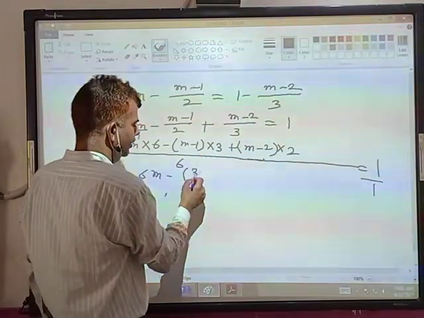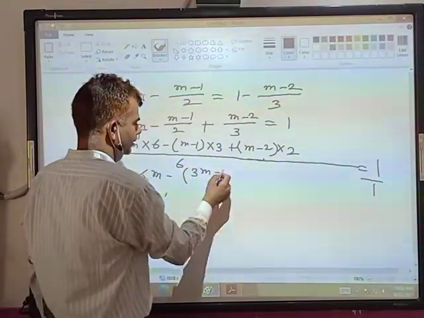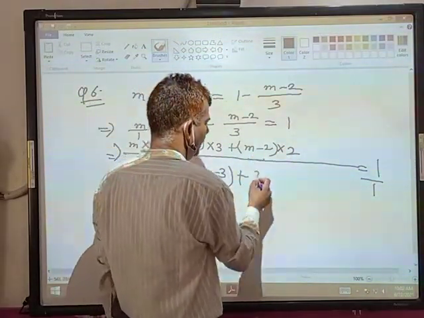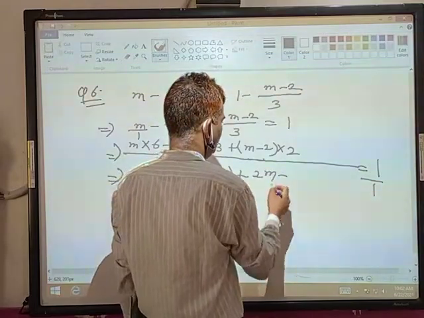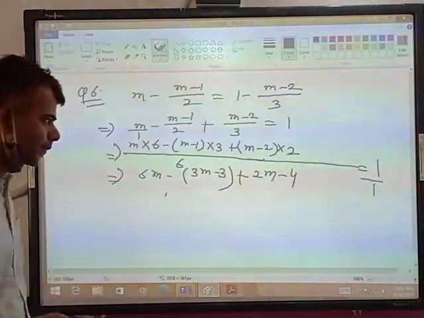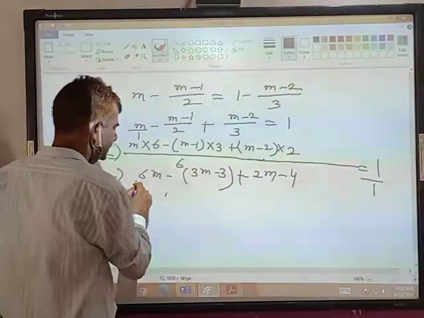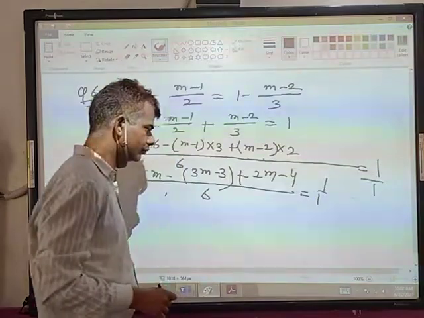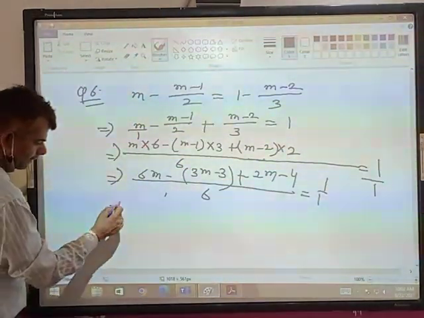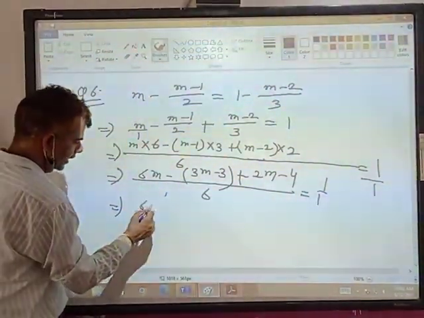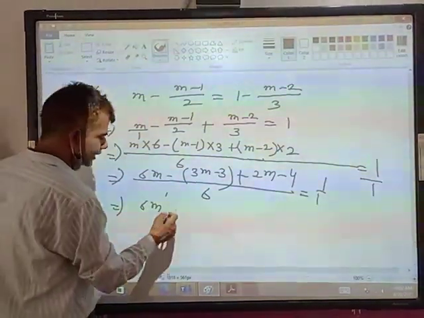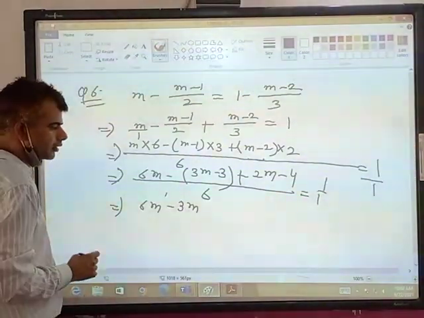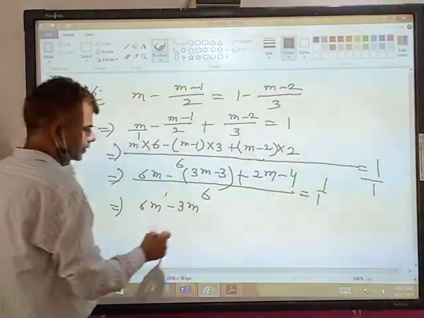That is 3m minus 3, plus 2 into m, twice of (m minus 2), that is 2m minus 4, divided by 6, equal to 1 by 1. Student, 6m minus 3m minus, plus 3. Plus.